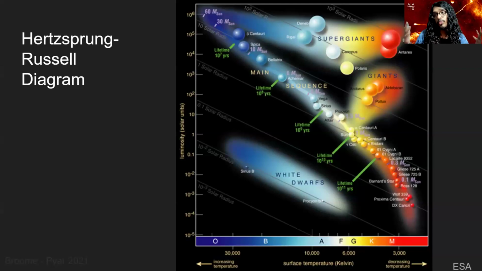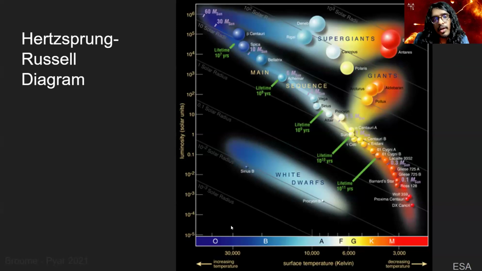So what do we do with the color, and what exactly are we substituting? Why do we need the color information? Stars, based on their temperature and luminosity, which is how much energy they're giving off, and the surface temperature, based on these two properties, primarily, can be classified into a bunch of different classes.